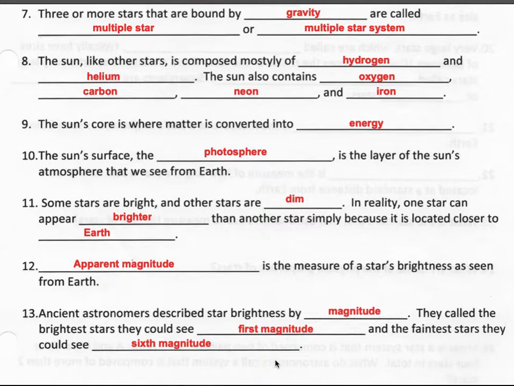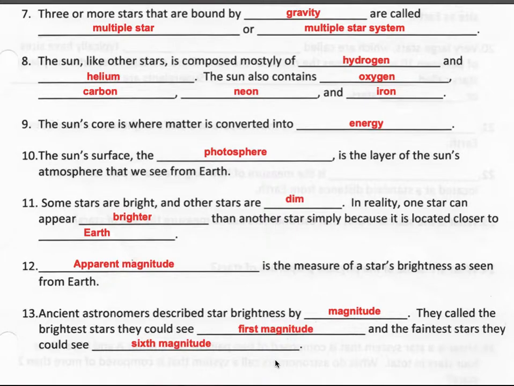Number 11, some stars are bright and other stars are dim. In reality, one star can appear brighter than another star simply because it is located closer to Earth. And that's how we are with our sun, which is a star. It looks like it is brighter than all the other stars in our galaxy, or as much as we can see.